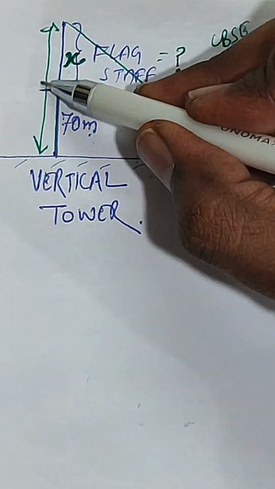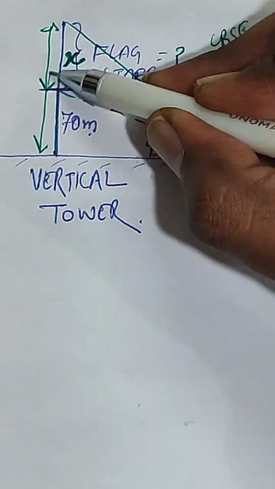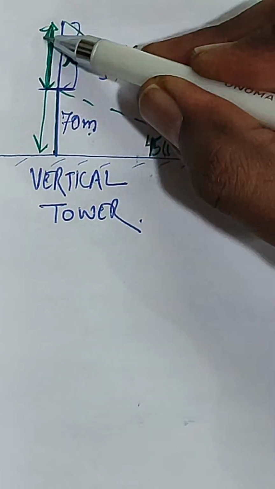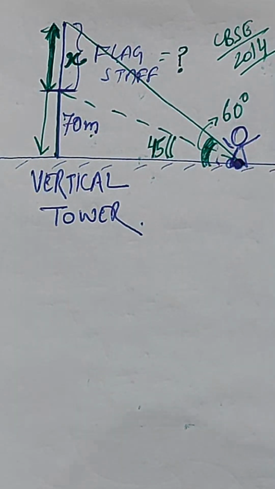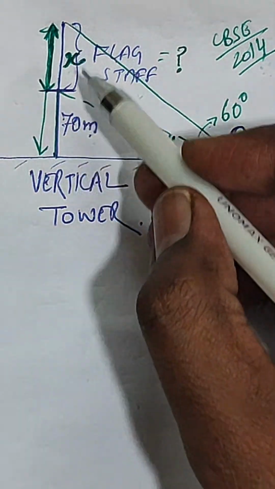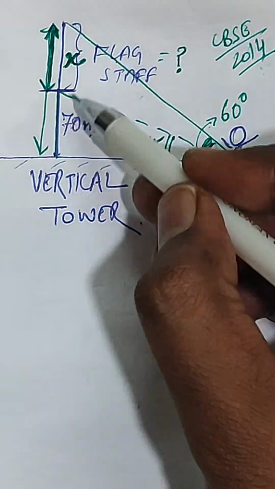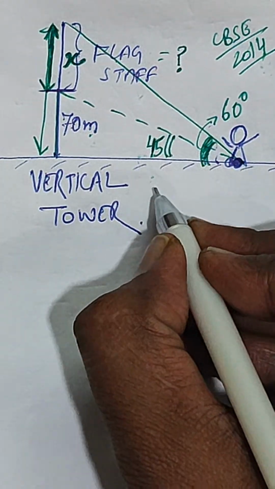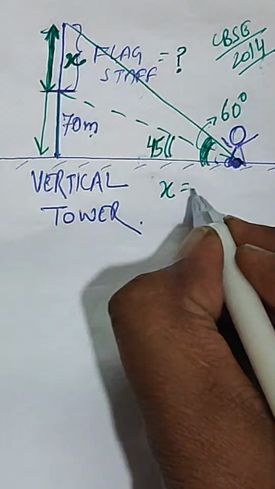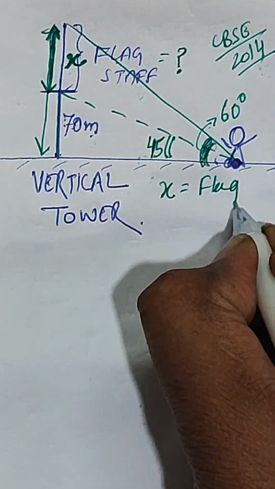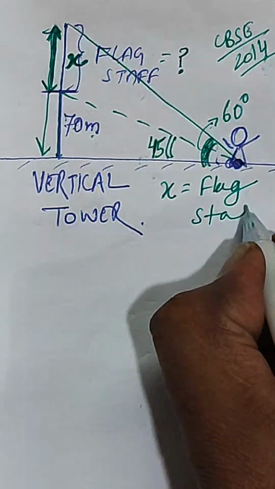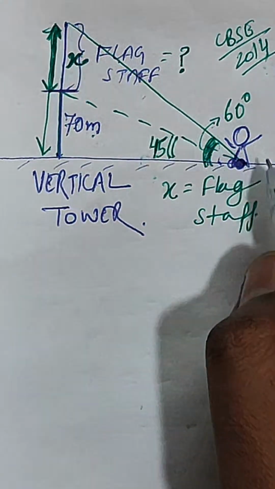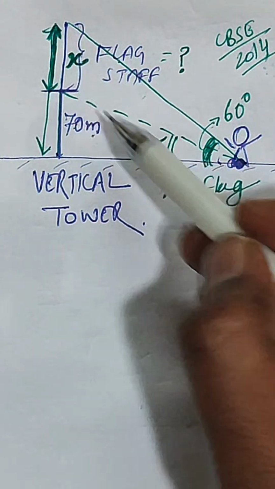If this one is x, right, then definitely the total tower will be 70 plus x, right? So x equals the height of the flag staff, right? Now we need to calculate the value of x.